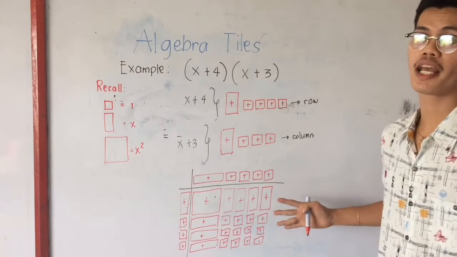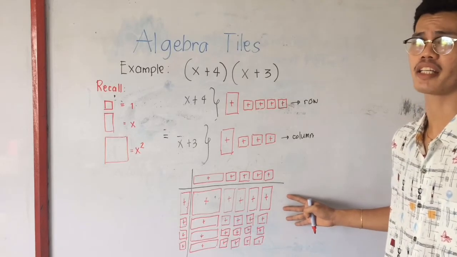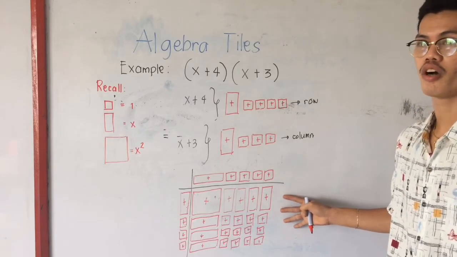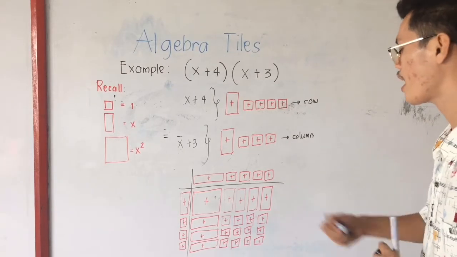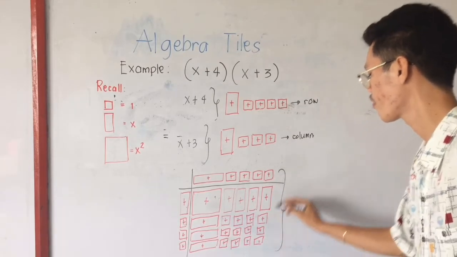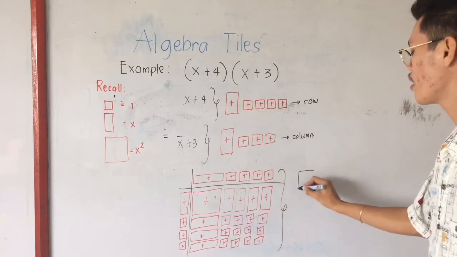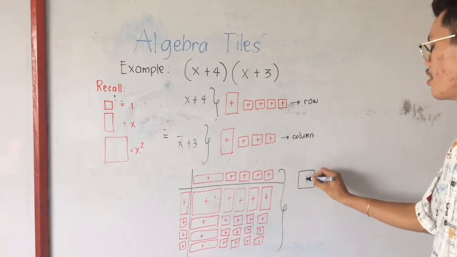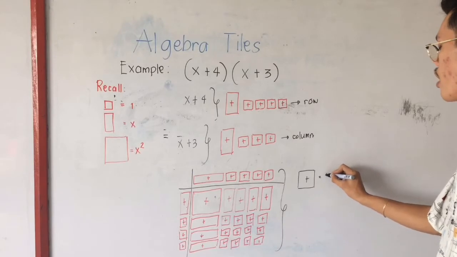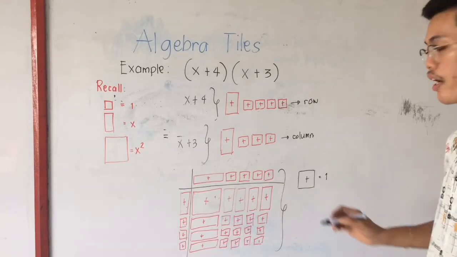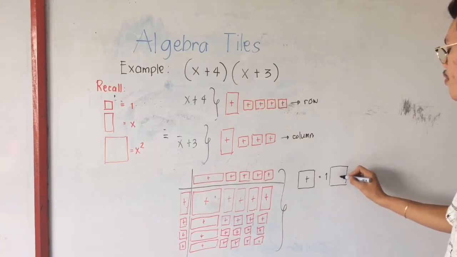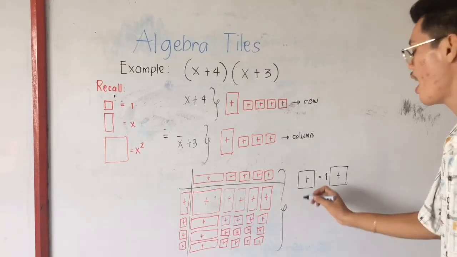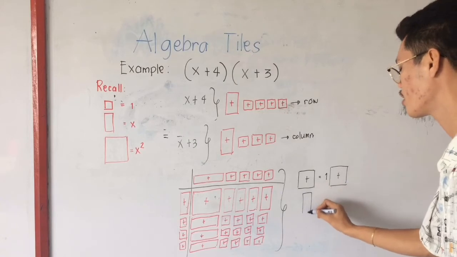So after multiplying your algebra tiles, we will now combine the product of your algebra tiles. So we will now have to count. How many big squares are there? We have only one big square. That is positive. How many rectangles are there?